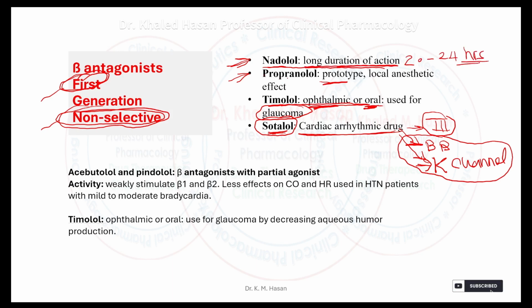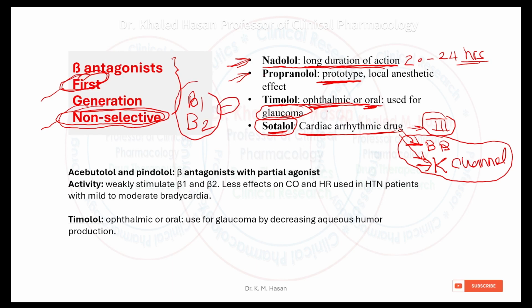Then we have propranolol, the first prototype medication, the original medication produced from beta blockers. And please remember, this group of medications blocks beta 1 and beta 2. So two receptors will be blocked by this medication.